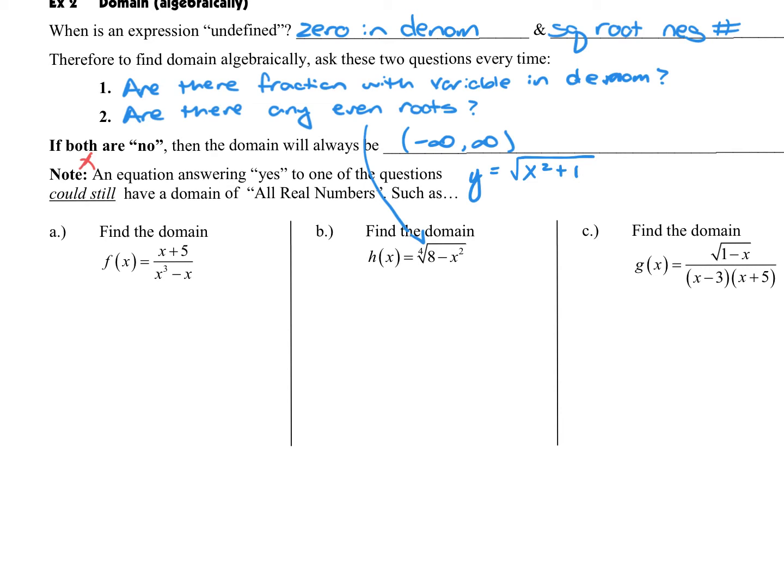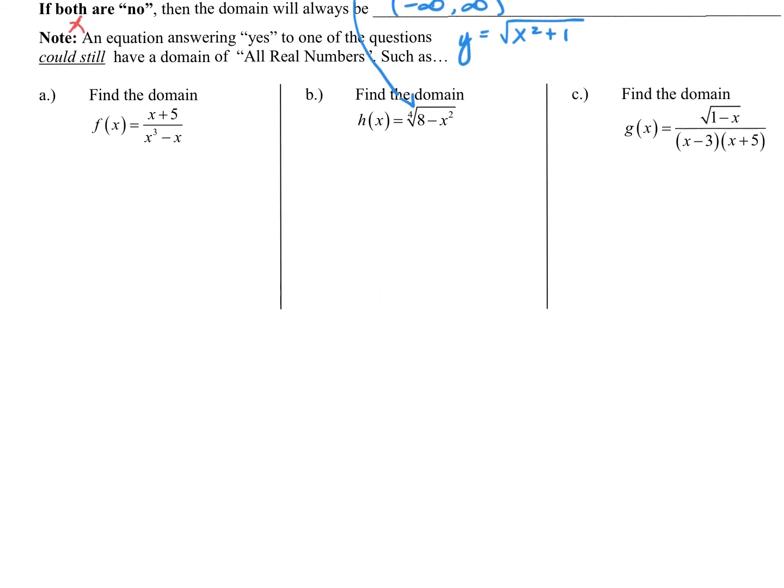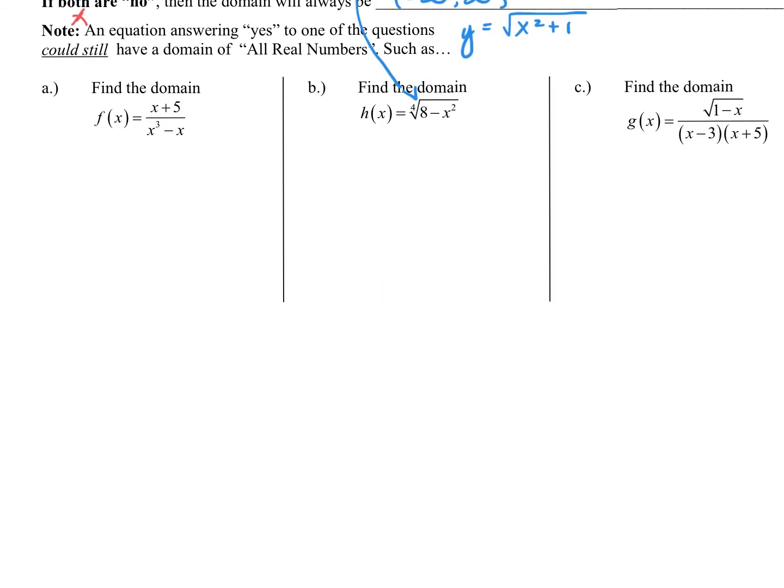Now, if you're in my class, we're going to explore this a little bit more in class. If you're not, I would encourage you to type this into desmos.com and look at that graph, and you should be able to recognize that its domain is, in fact, all real numbers, even though we have an even root. Now, let's jump into some examples so you can see how this process is going to work.